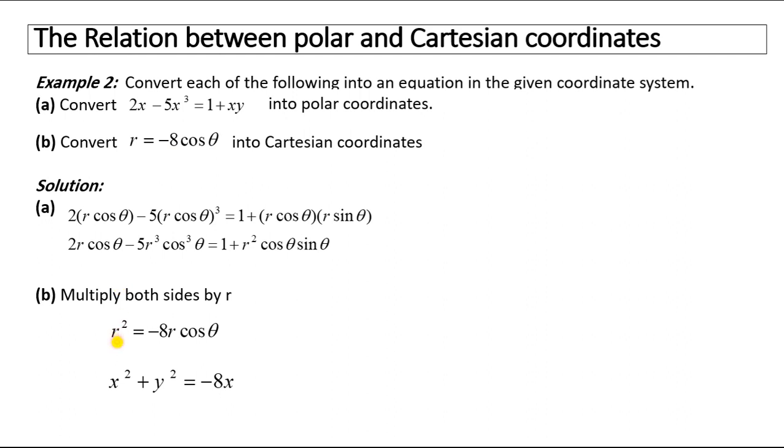The result r square equal minus 8 r cosine theta. I know that r square equal x square plus y square, and r cosine theta equals x, so x square plus y square equal minus 8x. This is the solution, converting from polar to Cartesian x or y.